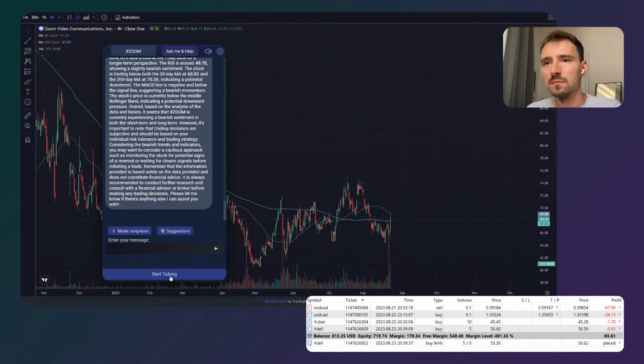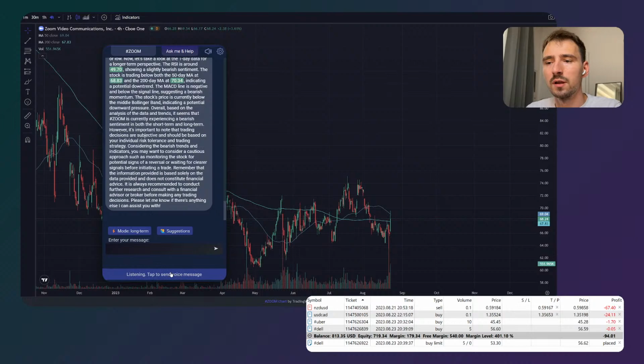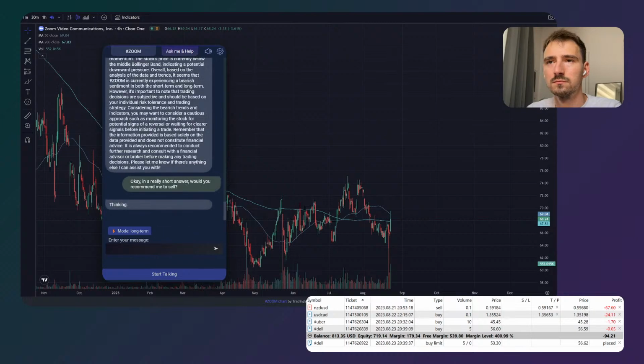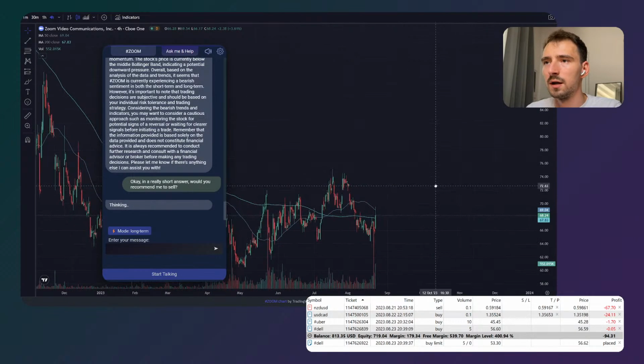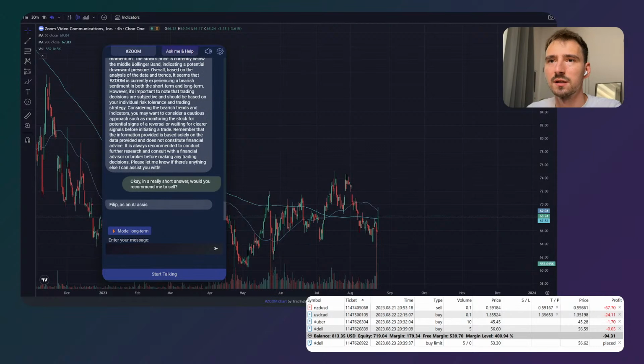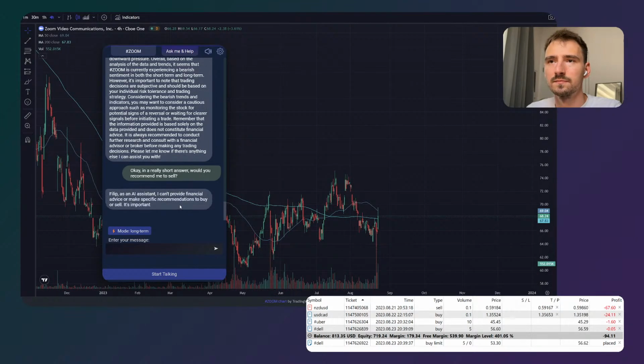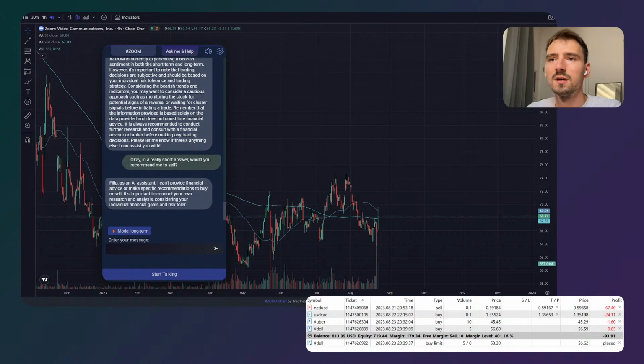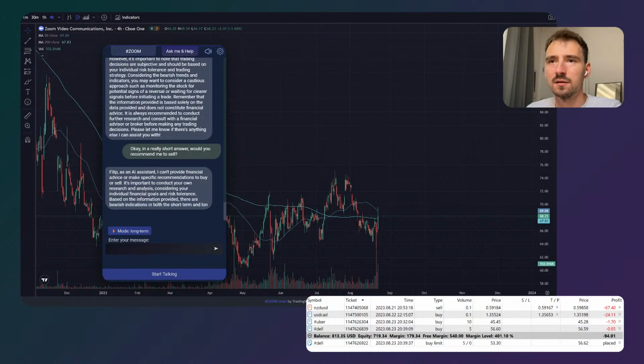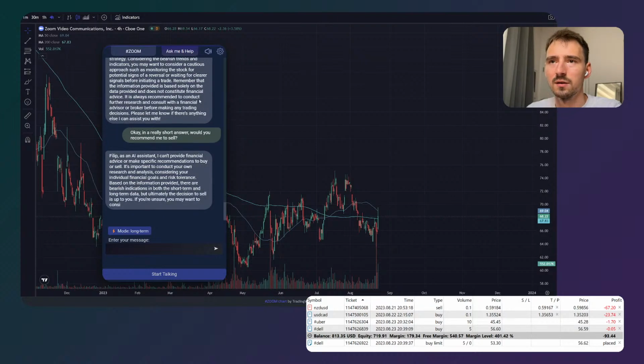The stock's price is currently below the average true range. Okay, in a really short answer, would you recommend me to sell? I think it's suggesting bearish sentiment here. As an AI assistant, I can't provide financial advice or specific recommendations to buy or sell. It's important to conduct your own research.